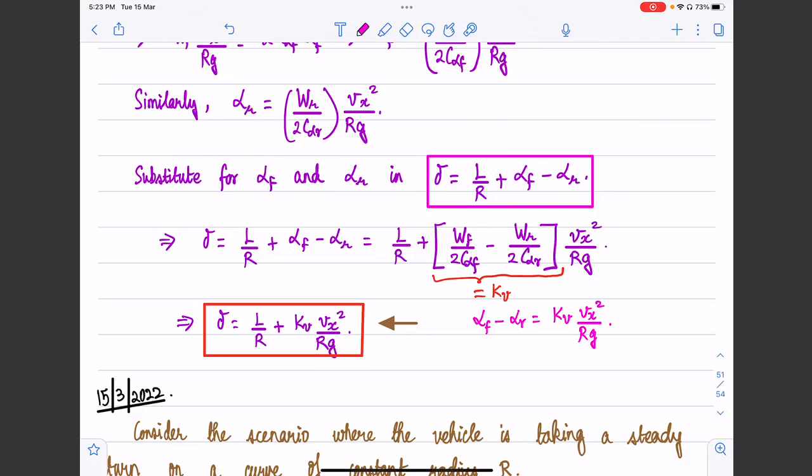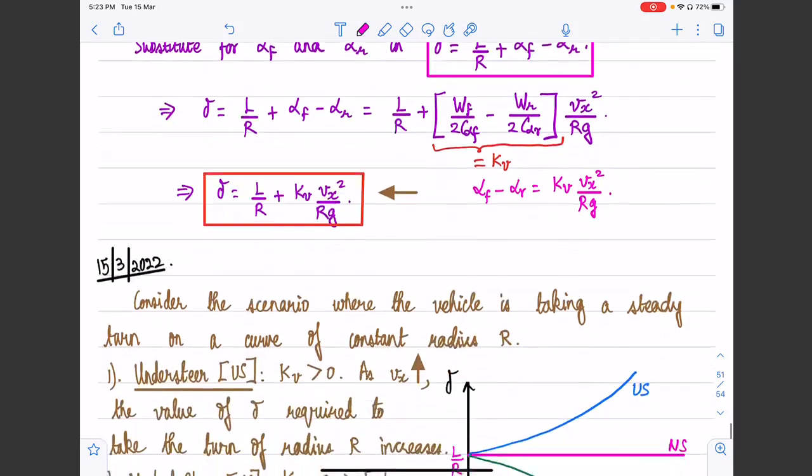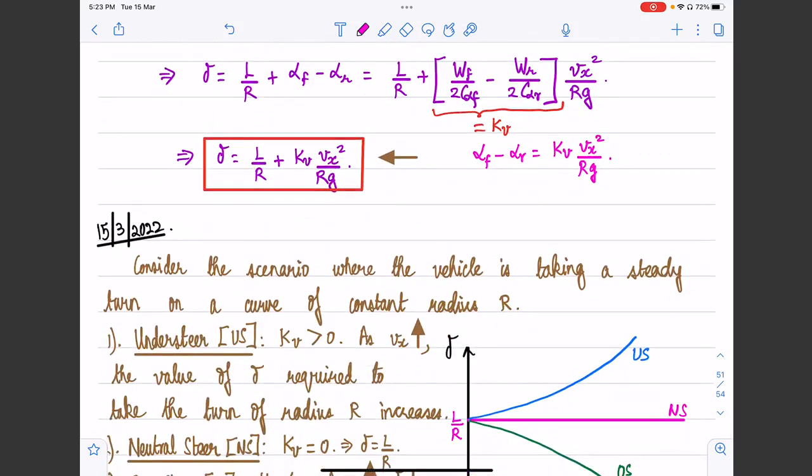Immediately you see a connection between the slip angles at the front and the rear with respect to the three conditions, right? If we have an understeer condition, KV is positive. What does it mean? Alpha F is greater than alpha R. Yeah, that's a good point. I forgot to state that. Thank you for raising that question. So in understeer, the front wheel is going to slip more than the rear wheel while taking a turn.